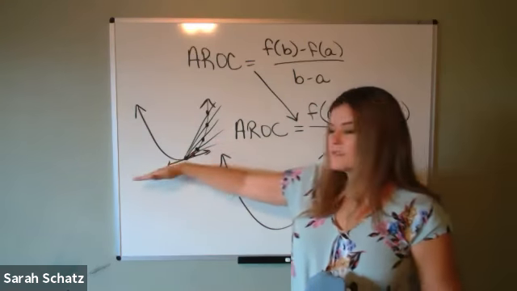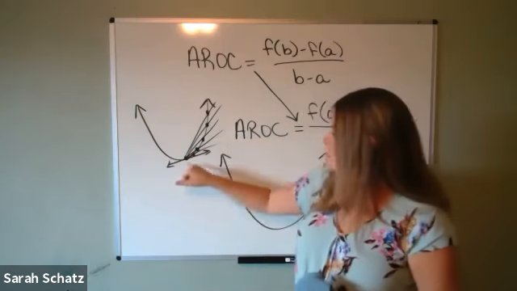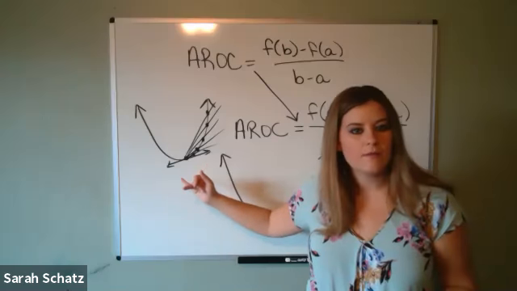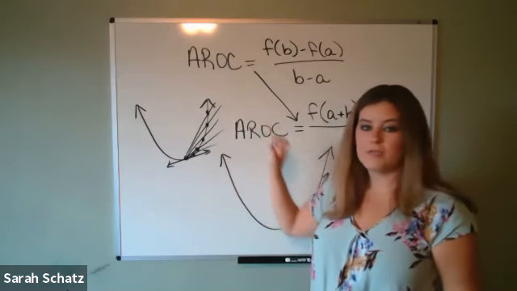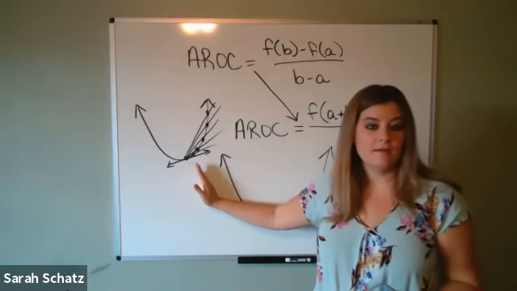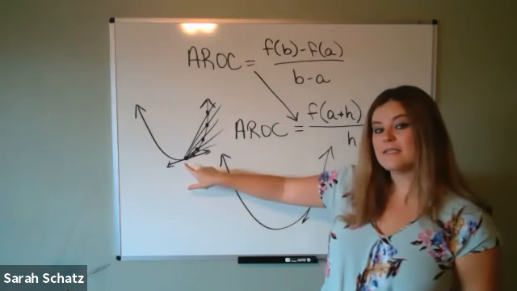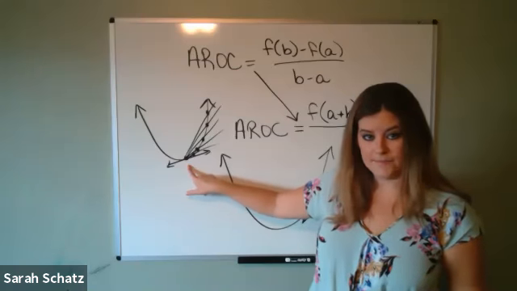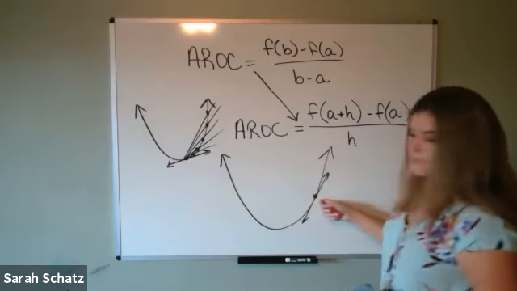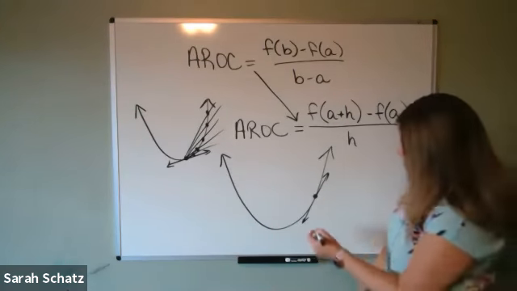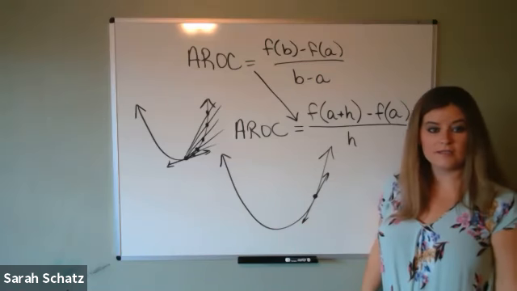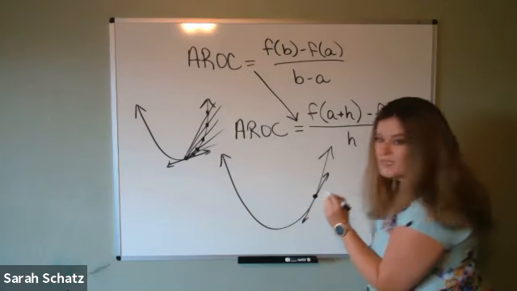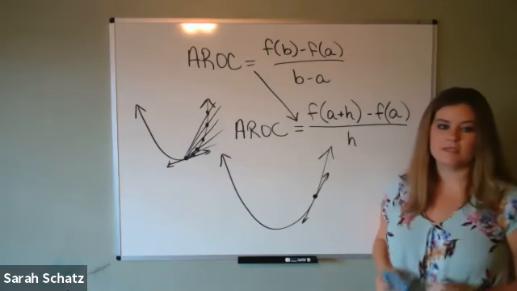So this is a straight line, has a slope, but it only touches at, in this case, we're calling that A, right? So we got rid of B, we turned it into A, and now we're looking at an instantaneous rate of change at the point A. So over here, if this was your point A, notice, straight line, I can calculate the slope of this line, but it only touches the function at that one instantaneous point.